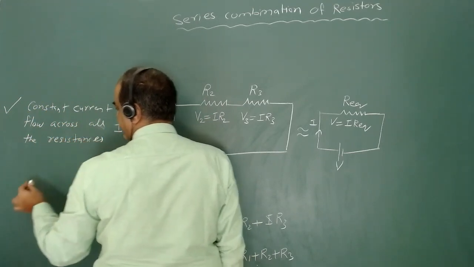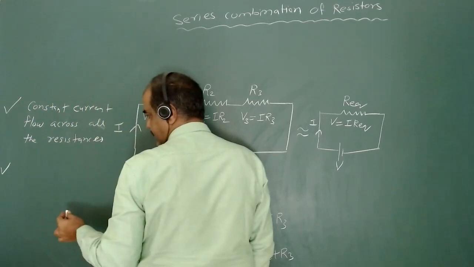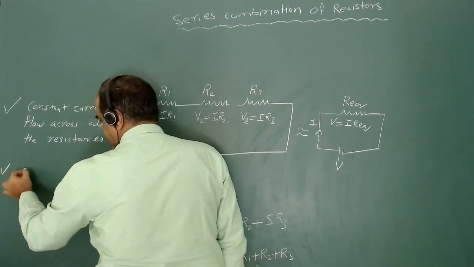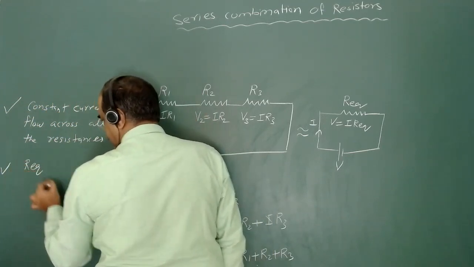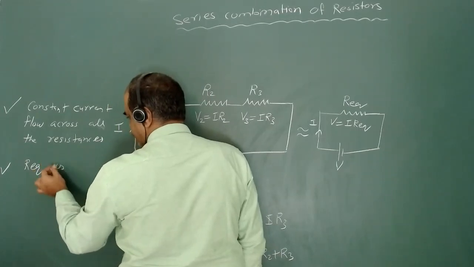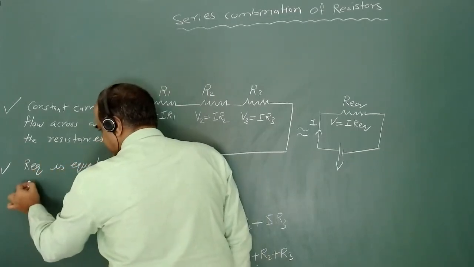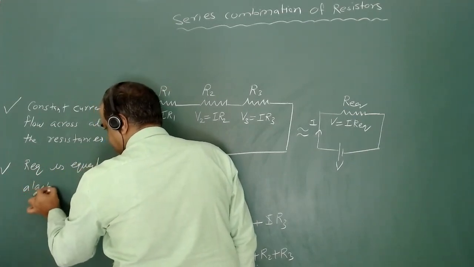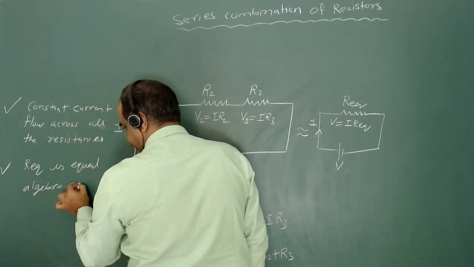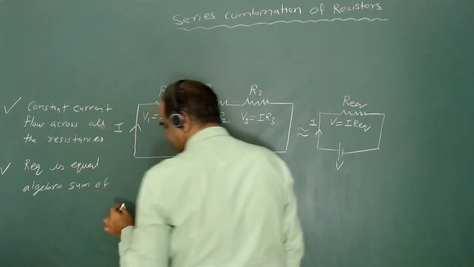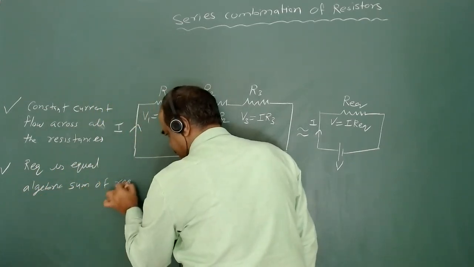And number two is the total resistance, that is R equivalent, is equal to the algebraic sum of resistors or resistances.